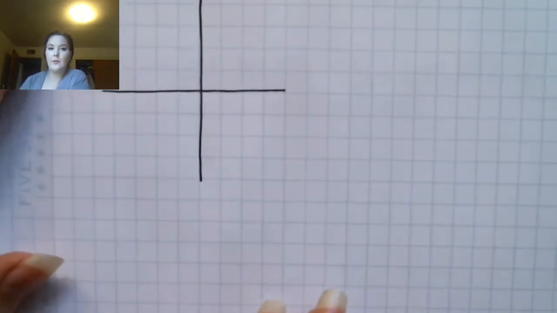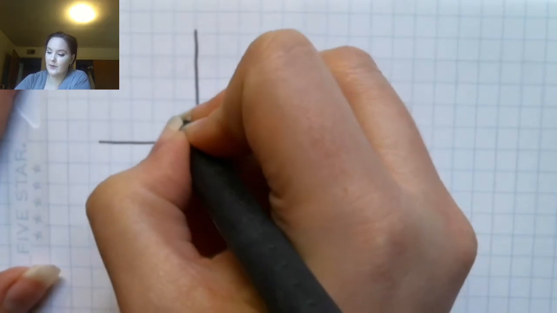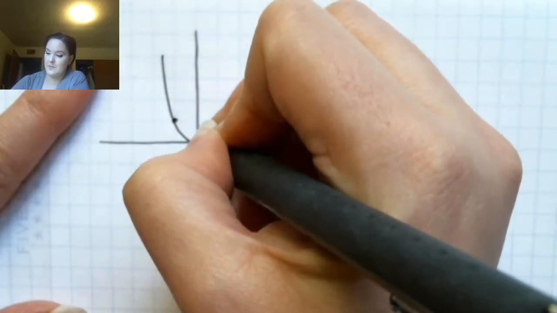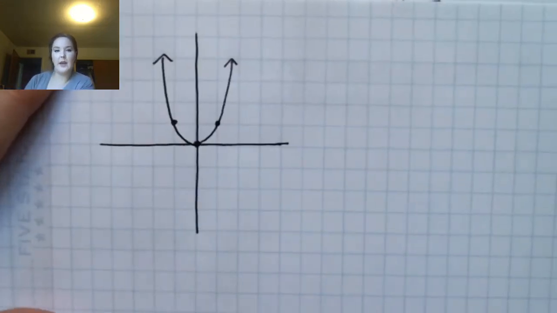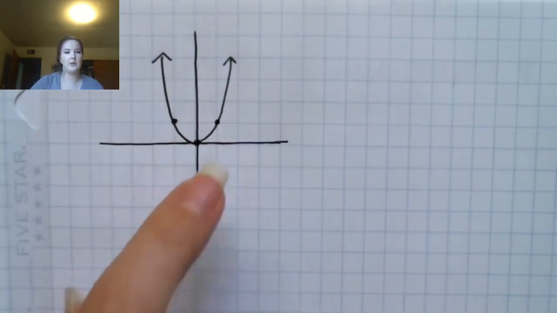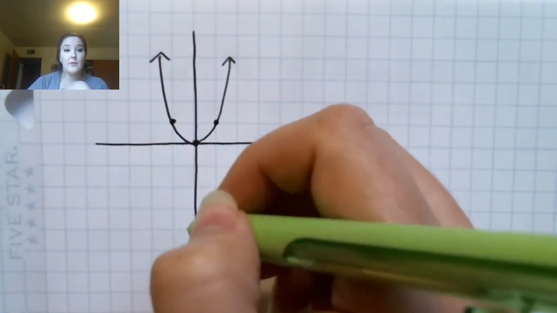Okay, and I will go ahead and draw in the base graph in black just so that we have something for reference. Okay, you don't always have to do this, but I don't want to flip back and forth between the page that has the base graphs. Okay, so here's my base graph with my 3 key points marked. Okay, so I'm going to take all of my key points and move them up 1.